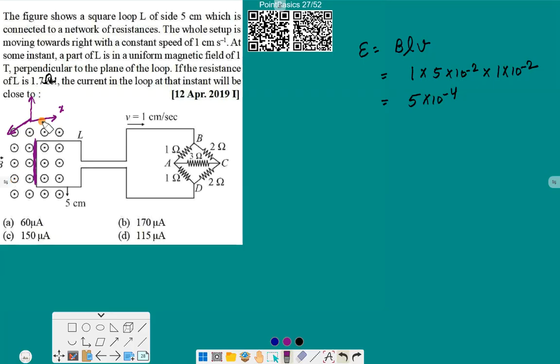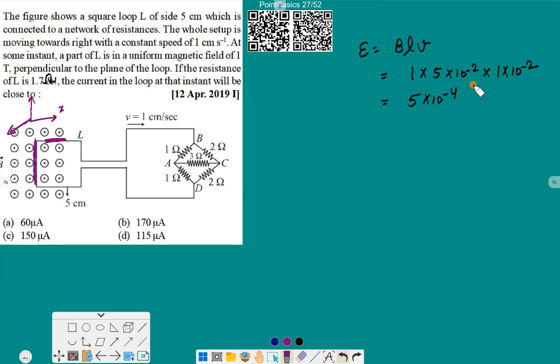So everything is perpendicular to each other, only then we have a potential. If any two of these are parallel, like for this part we have length and velocity parallel to each other in the same direction, so there will be no induced EMF in this part of the wire. So only in this section of the wire there will be induced EMF, and the value of induced EMF is given by this relation.